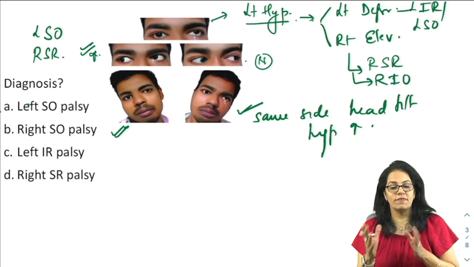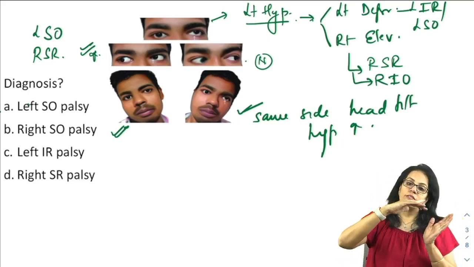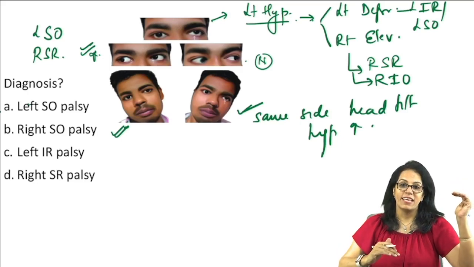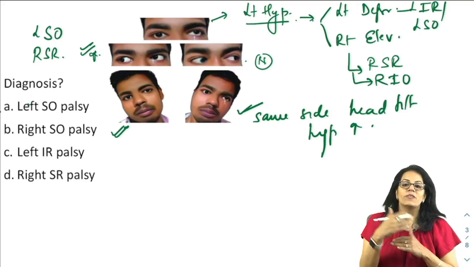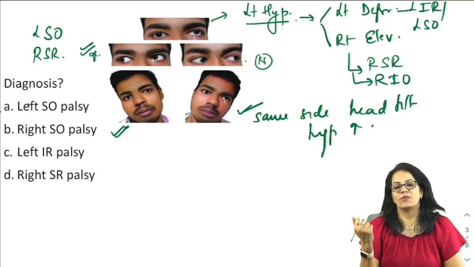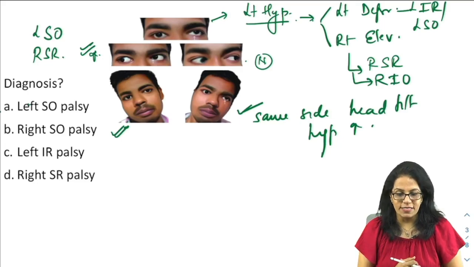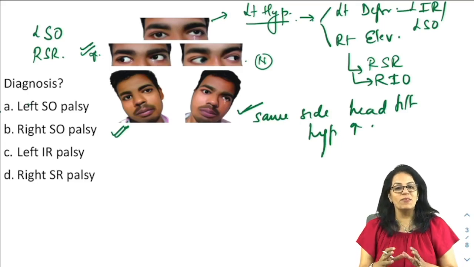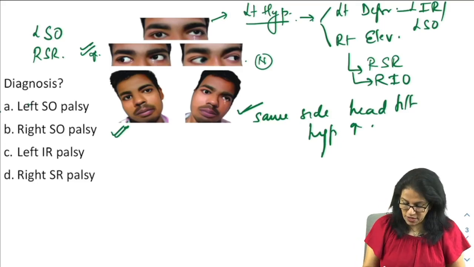In this patient, left hypertropia is increasing. So this was the left hypertropia, and on the same side head tilt, it is increasing. So it has to be either the left side intortor or right side. Correct? So this complicates a little further. I would make it more simple for you all. Just remember this, because they won't ask you more than this.